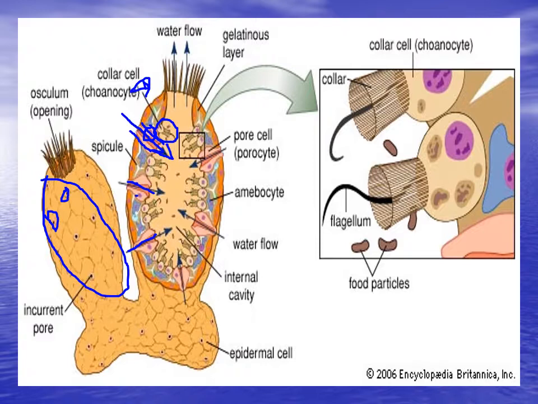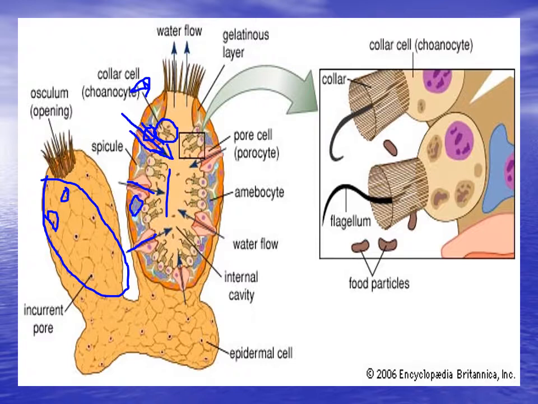And then in between the two layers, you can see right here that bluish purple, that's another cell. That particular cell is an amoebocyte, and those are the ones that do the digesting. This internal cavity here is also known as the spongocoel, and we'll see that on the diagram in a minute.